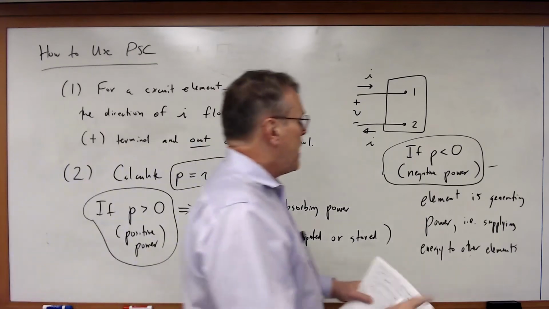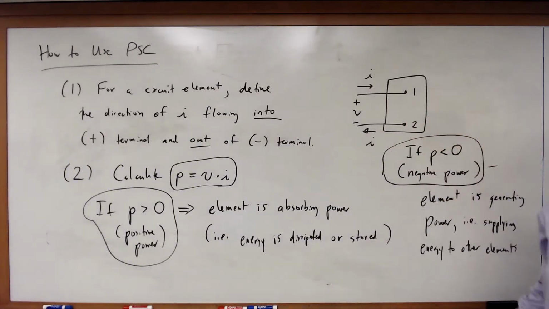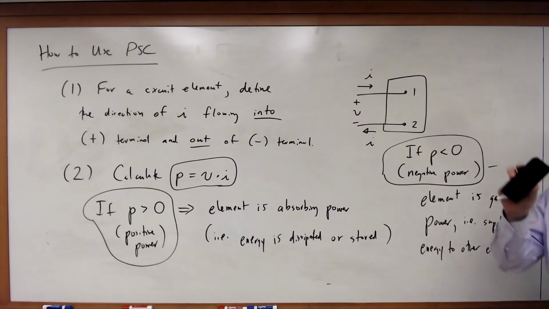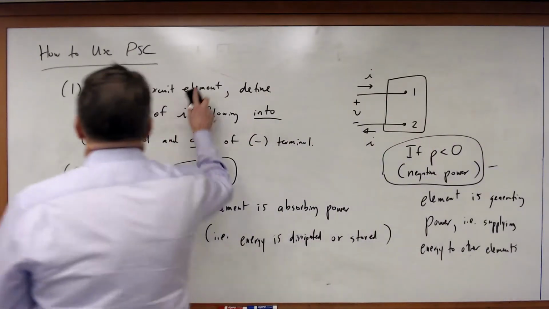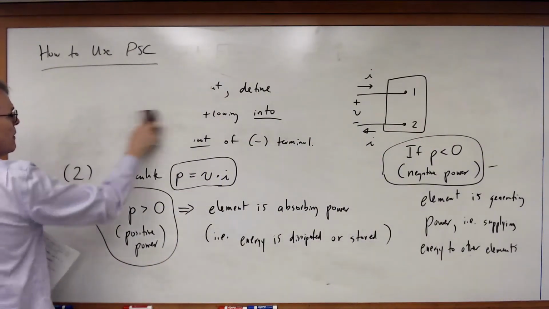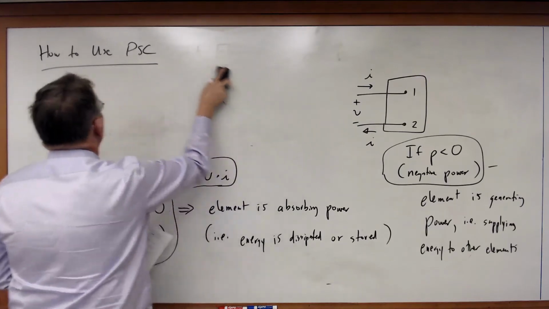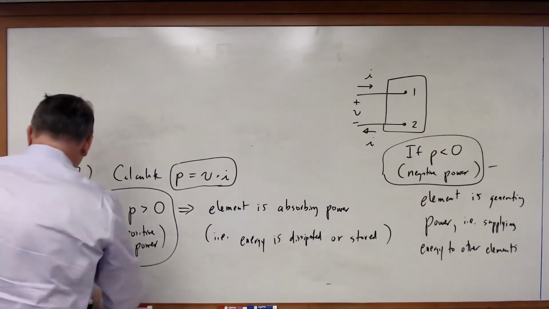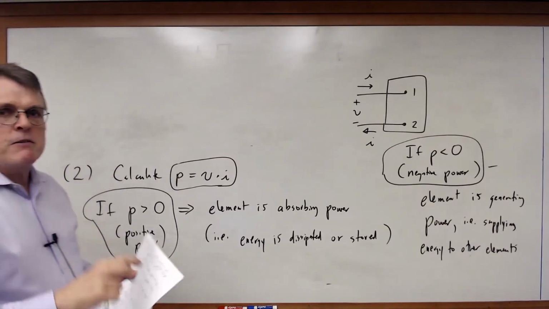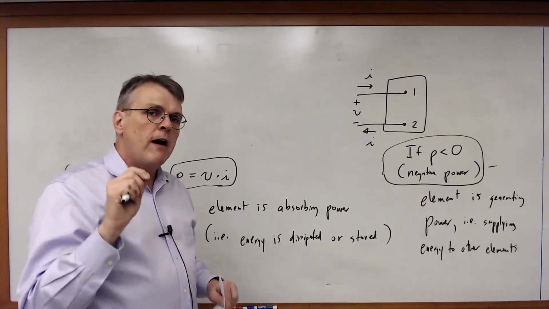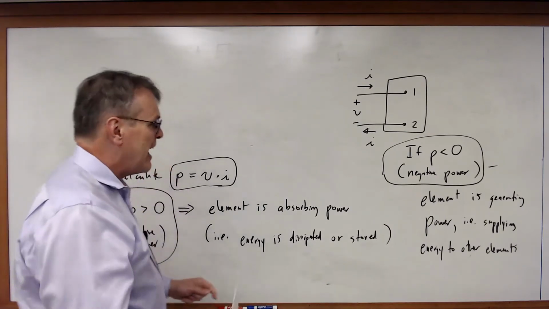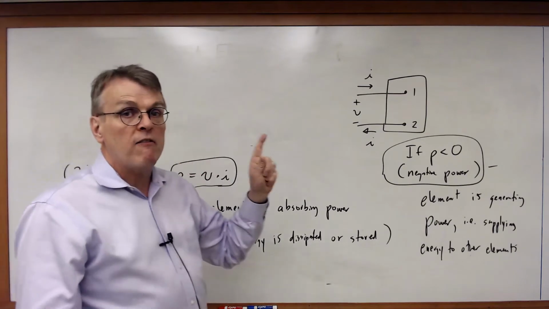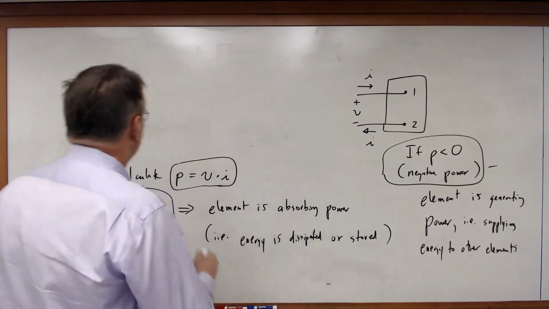Okay? Now, a consequence of how we do the PSC is this. By the passive sign convention, we define positive current as the flow of positive charge.